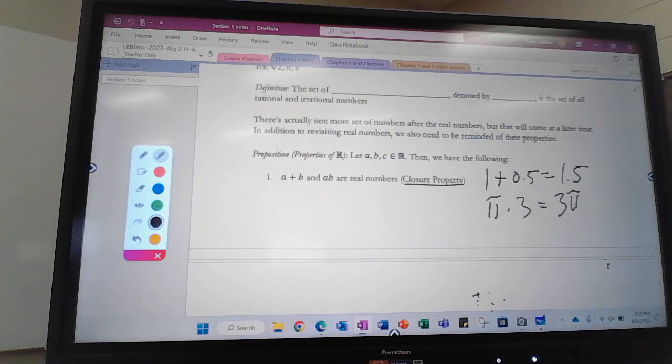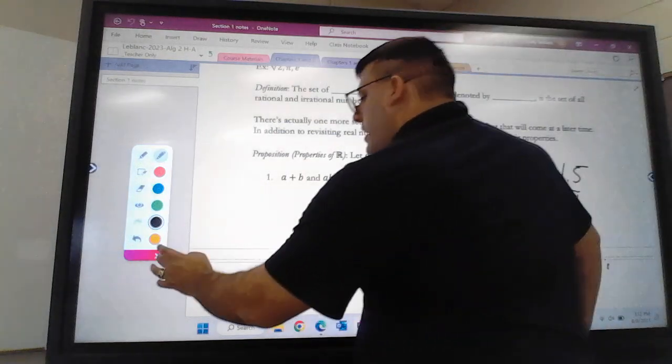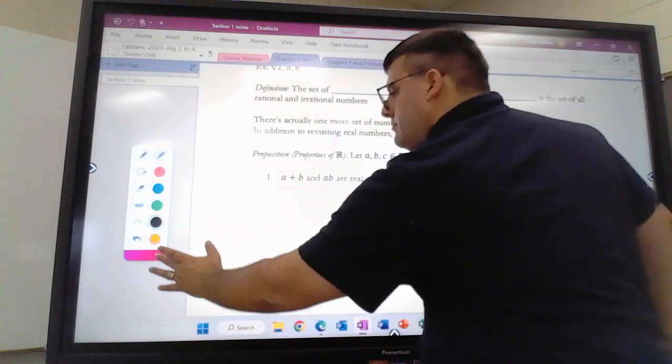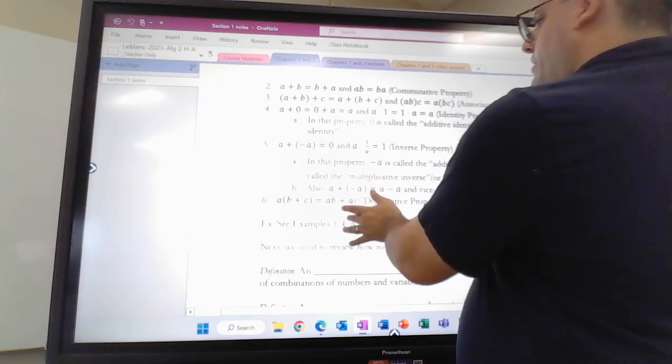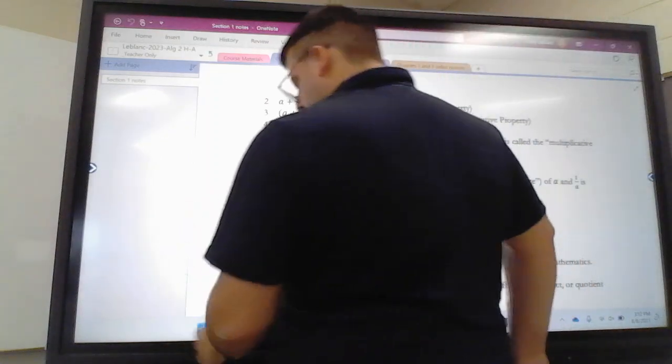Now 3 is a natural number. Pi is an irrational number. When I multiply those together, I get a real number. I still get a real number. Okay. Let's go down further here. Here are some more properties.